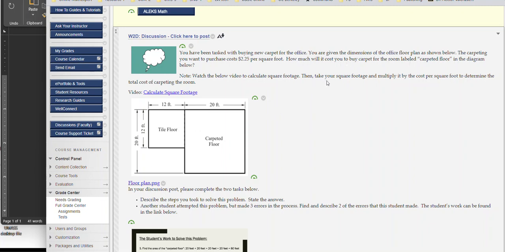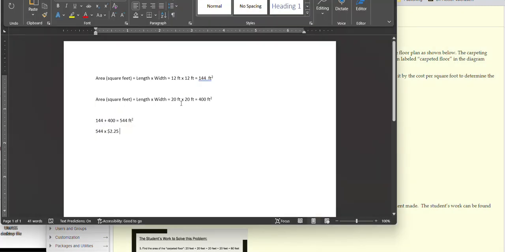Well, I actually did a little bit more work than I needed, because it says here, how much will it cost you to buy carpet for the room labeled carpeted floor? Oh, okay, so this is tile. Don't worry about the tile floor. So this is the tile floor, and then this area down here is the carpeted. So the 144 feet squared, this was the tile.